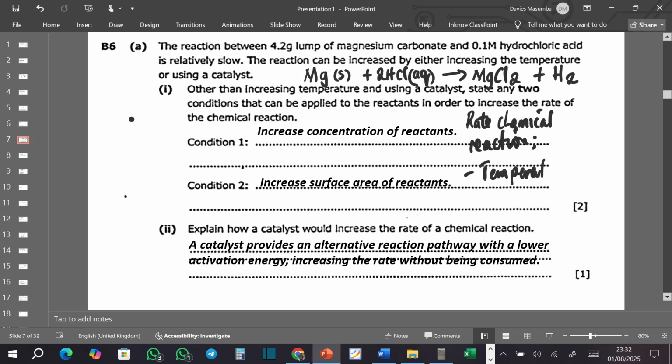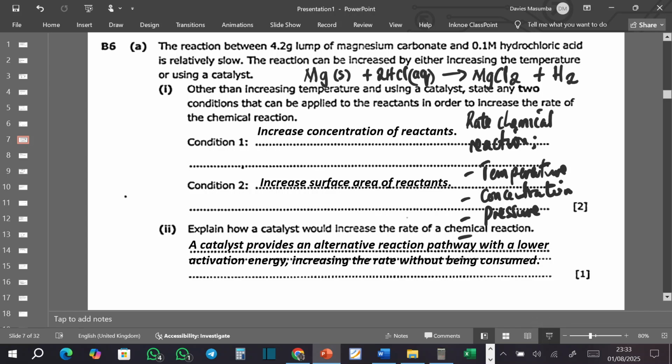Another one is concentration. Now, concentration affects reactants in solution or aqueous form. Then another one is pressure. Pressure affects the reactants in a gaseous form.